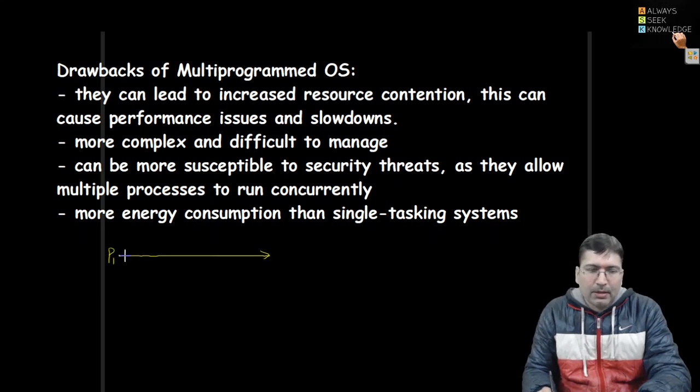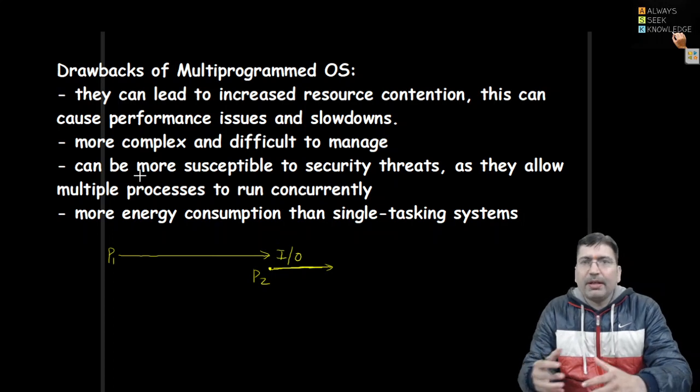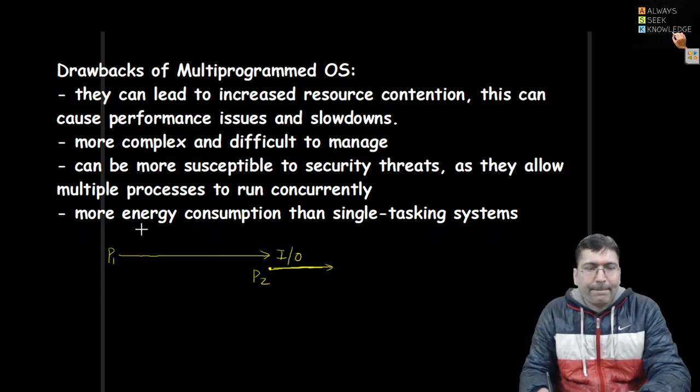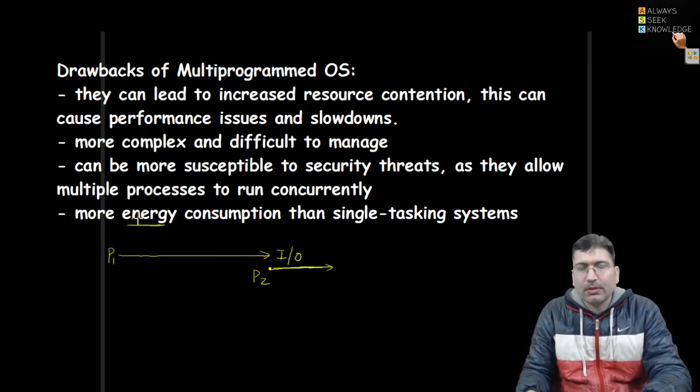When P1 goes for IO, at this point in time the processor can be allocated to some other process, let's say P2. So that is also one of the drawbacks. Implementation of such a system is comparatively complex as compared to the batch operating system. Memory management is also tricky, and because multiple processes are running at a time, energy consumption obviously will increase.